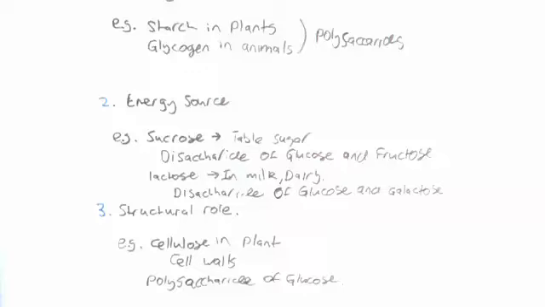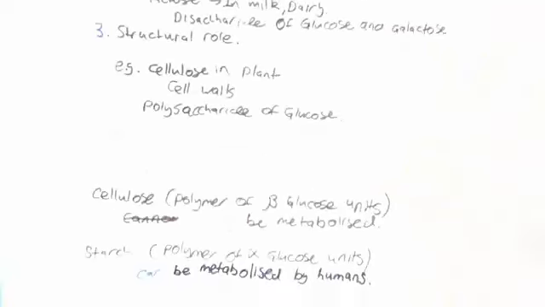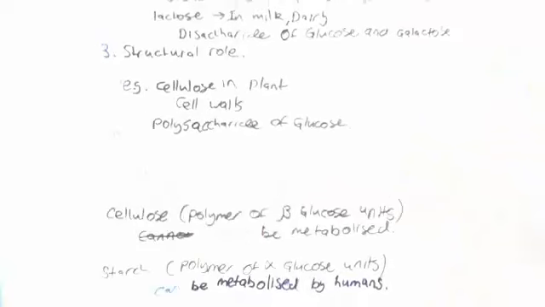One of the funny things is we can't metabolize cellulose, but we can metabolize starch, and they are essentially almost the same chemical. Cellulose is a polymer of what's called beta glucose, which is an isomer of the glucose cyclic unit. There's two isomers, there's alpha and beta.